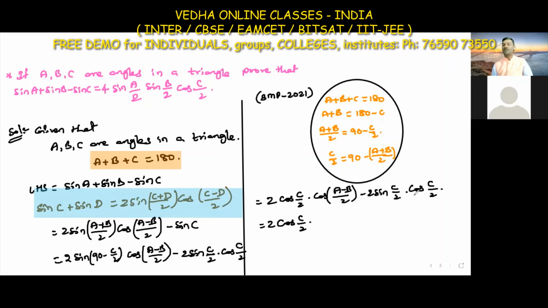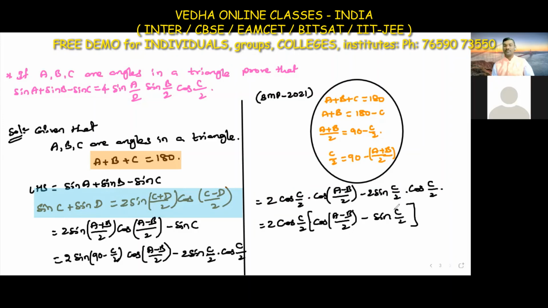If we take 2 cos C by 2 common, what remains is cos of (A minus B) by 2 minus sin C by 2.